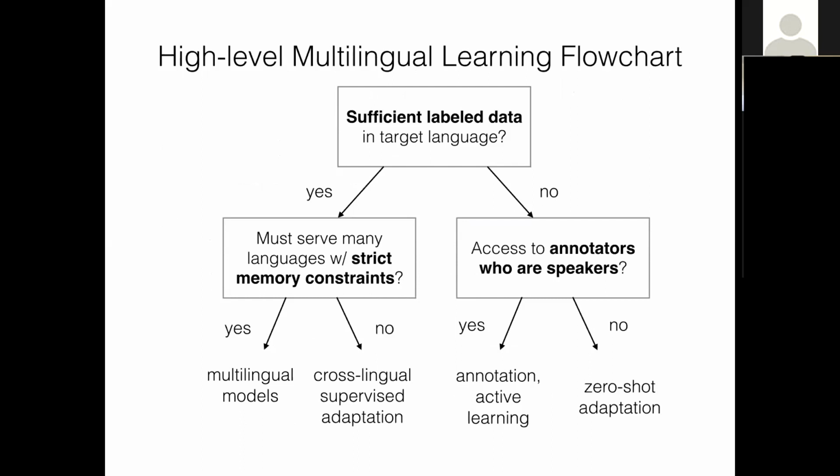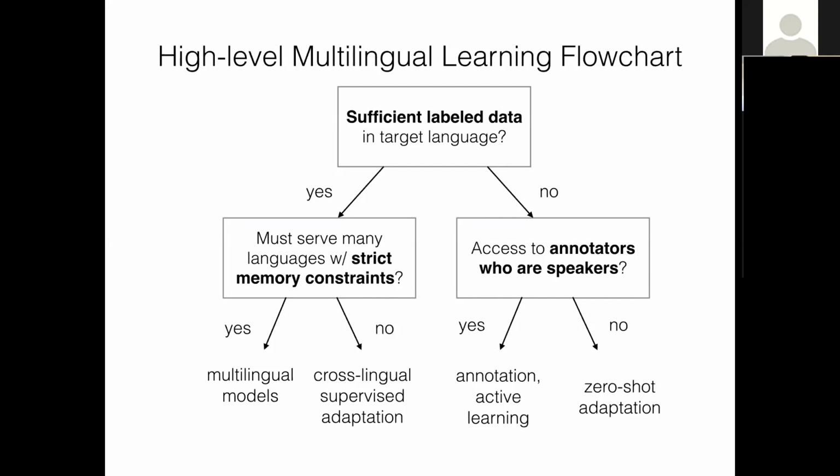Here is a high-level flow chart showing the different techniques that we can use depending on how much data we have in the target language. Let's take the first path, where we have sufficiently labeled data in the target language. Then we ask whether we want a model which must serve many languages but has strict memory constraints.